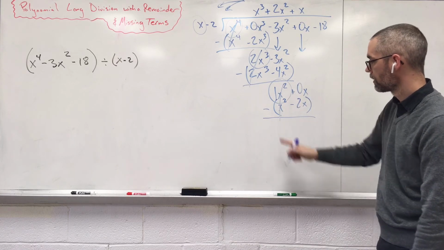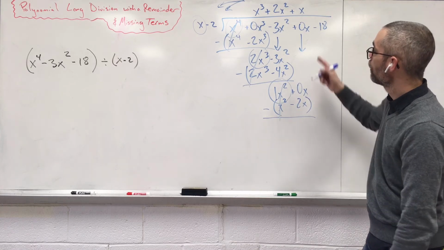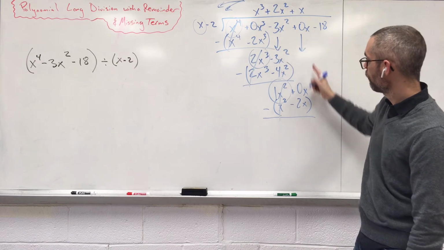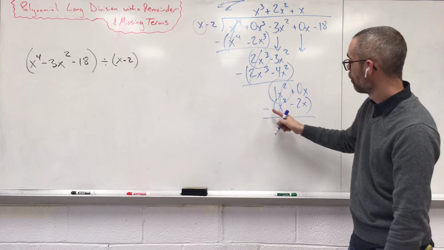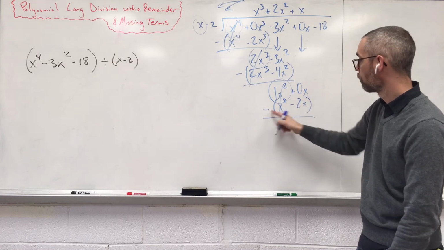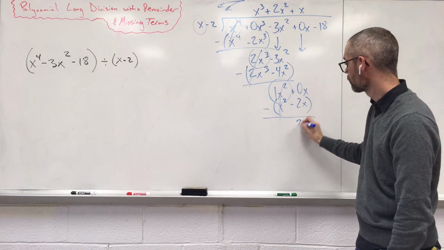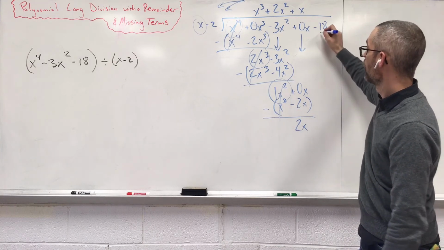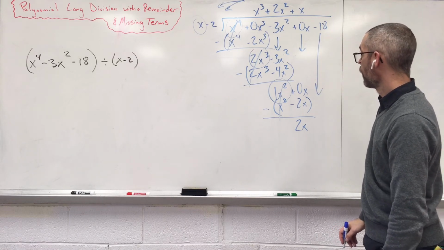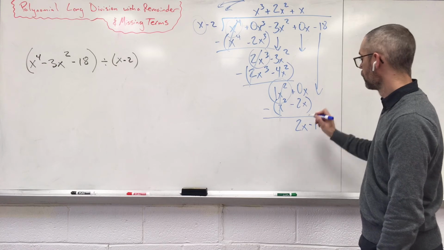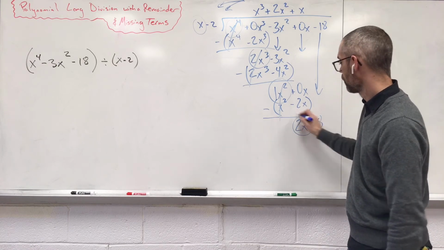One's positive, one's negative, cancel out. And again, because we added those zeros, we had a placeholder where we could actually subtract from. So 0 minus a negative, so 0 plus 2x gives us just 2x. Keep going, bring down that -18, and the process begins again.